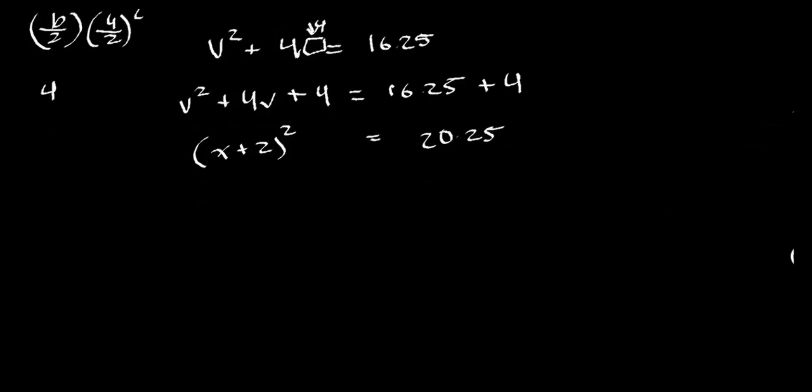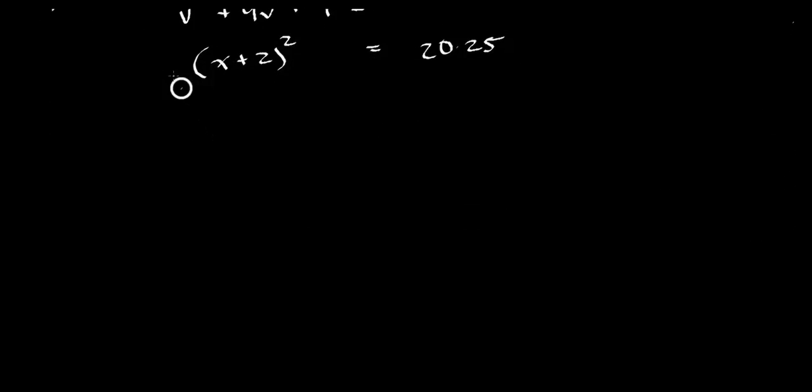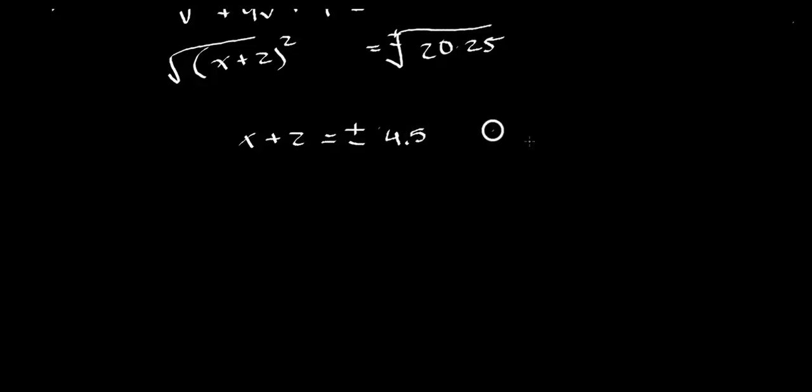And if we just finish this off, we square root both sides, right? And we get v plus 2 equals plus or minus, and if you take the root of 20.25, that's 4.5. Okay? And then all you have to do is move the 2 over. Minus 2, and that's the answer.